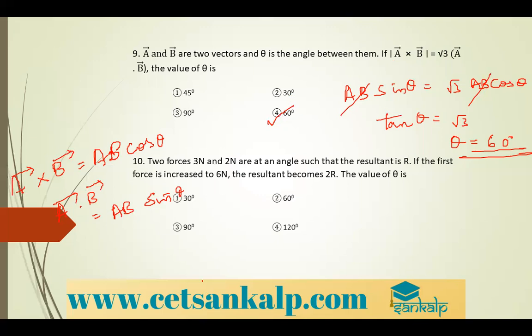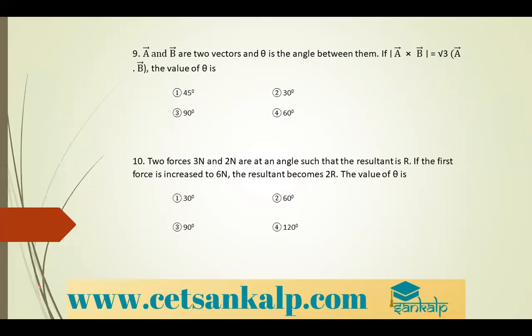Okay. So case number one. In this we have two cases to consider. As they have given in the question, in the first case you have to write P is equal to 3 Newton, Q is equal to 2 Newton, and R is equal to R. Understood? What did they give in the second case?